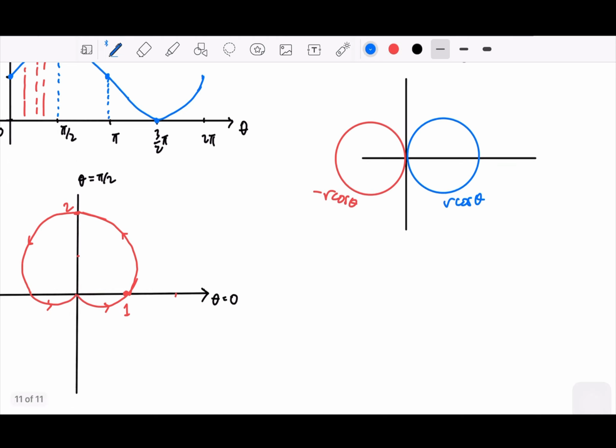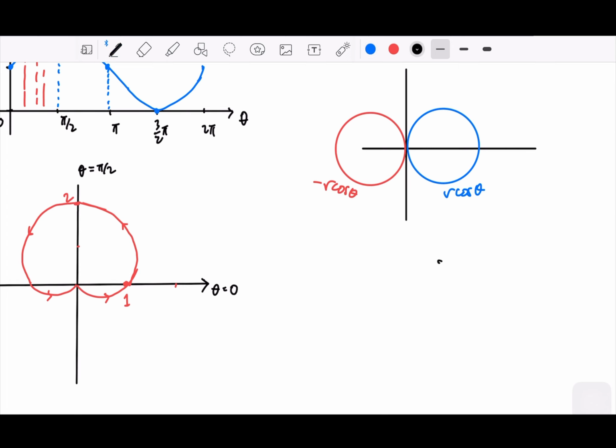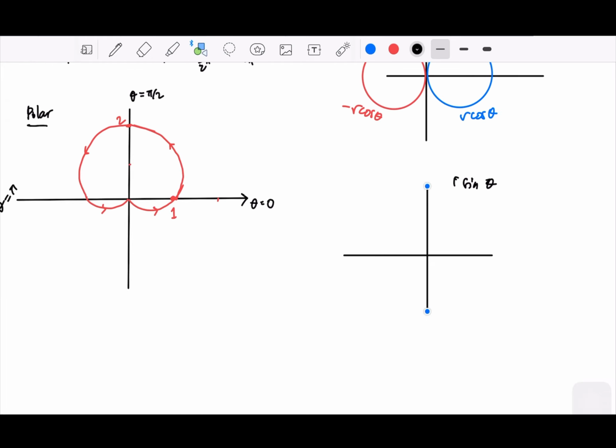Okay. Now, if we have the r sin theta, if you check, the positive one will look like this. Okay. The negative one will look like this.